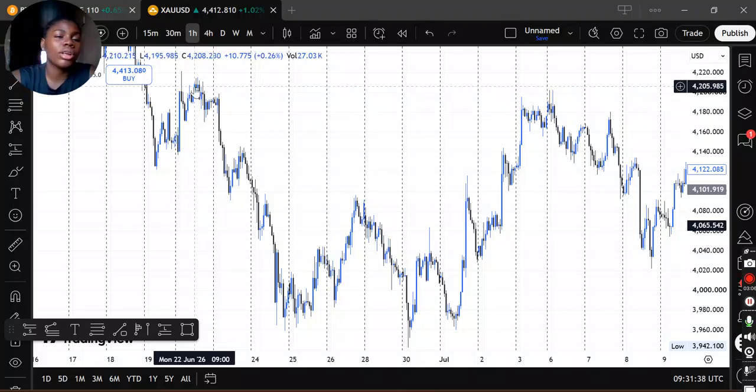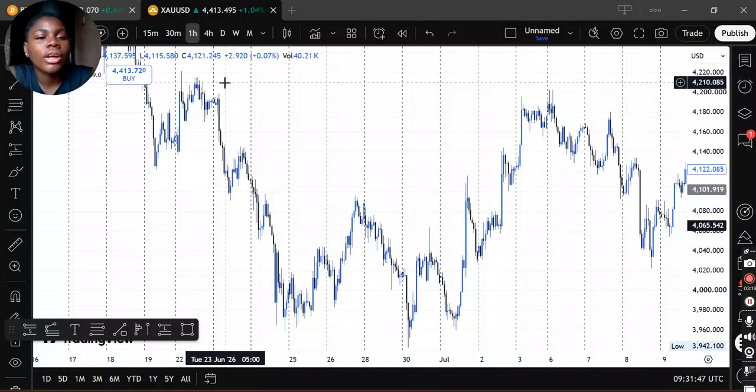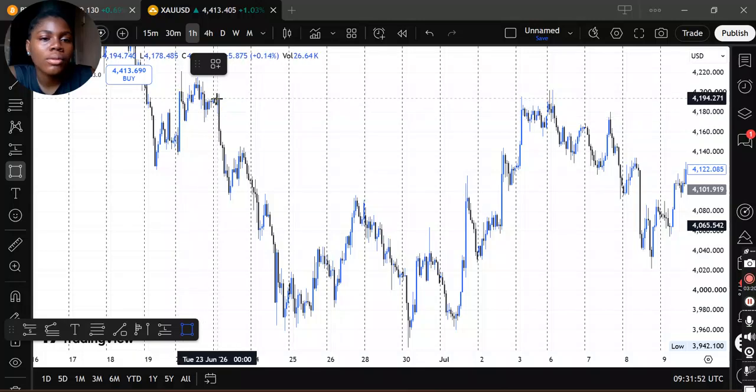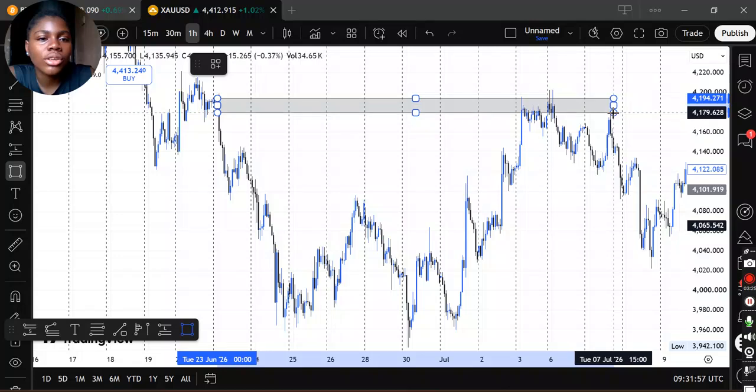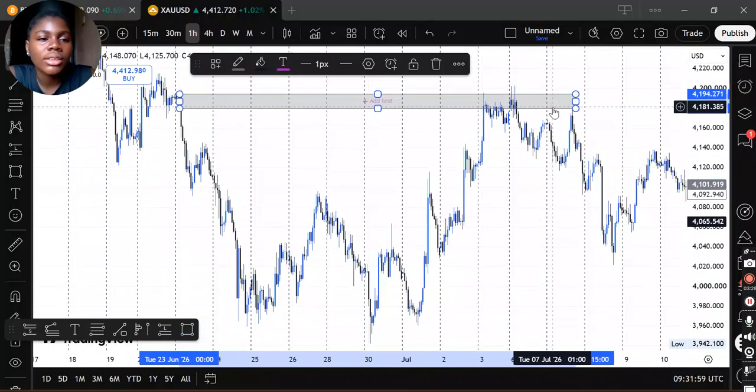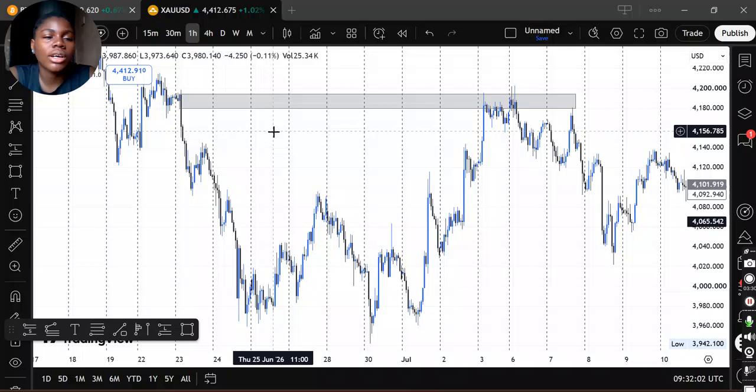But another thing is, like we all know what our order block candles are, they have to have a fair value gap about 80% of the time around it. So I would mark out from this point, and now you can see to the opposite side that this is a 1 hour time frame, and order blocks on other time frames can differ, because you can't have the same order block from your 15 minutes or your 1 hour.